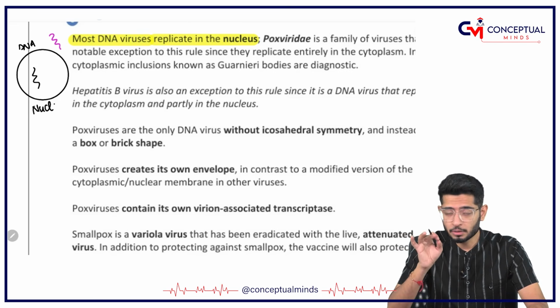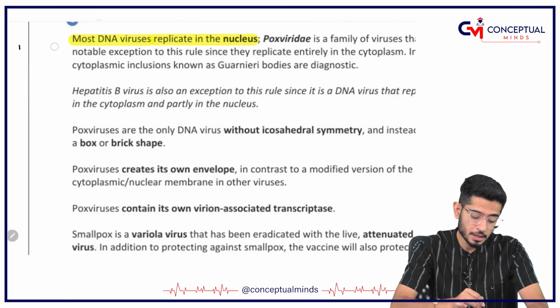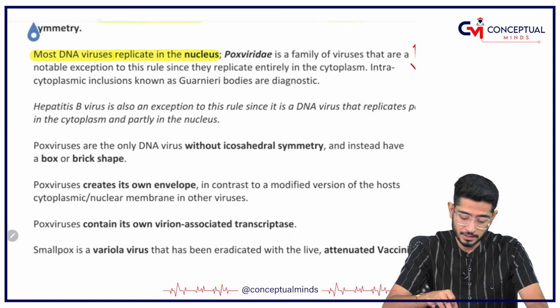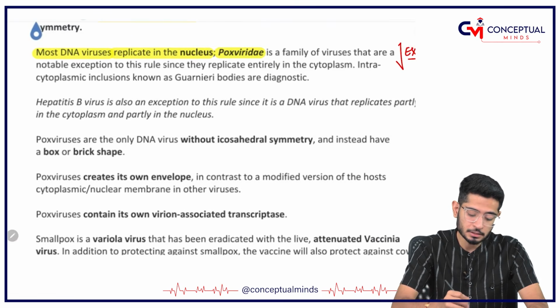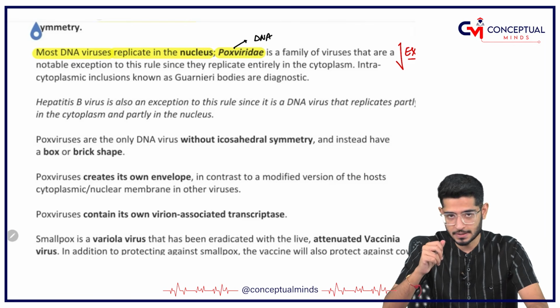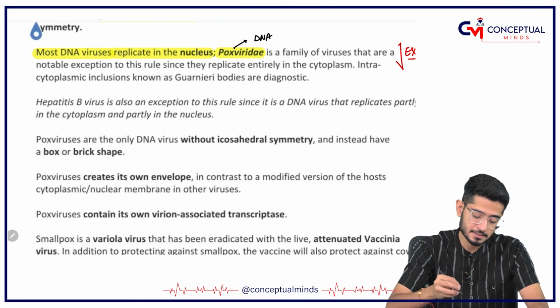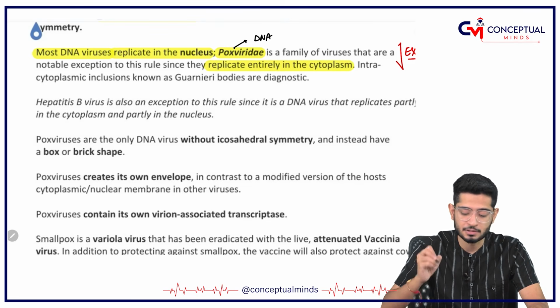So most DNA viruses are going to replicate in the nucleus, whereas pox virus, being a DNA virus, is an exception to this trend because pox viruses replicate entirely in the cytoplasm.